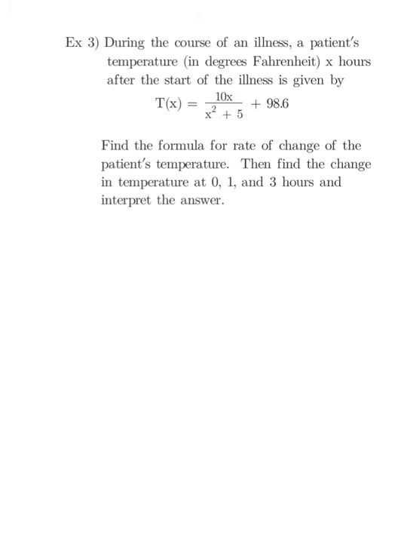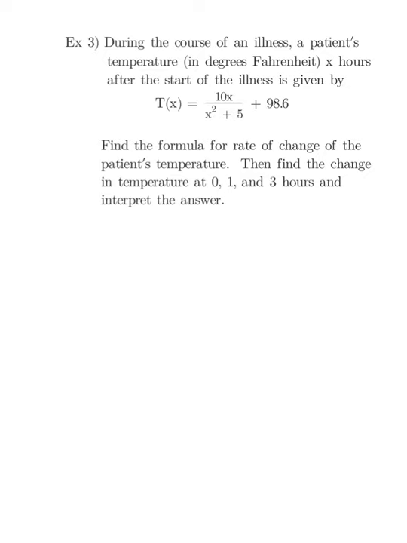Our first application example says: during the course of an illness, a patient's temperature in degrees Fahrenheit, x hours after the start of the illness, is given by T of x equals 10x over x squared plus 5, plus 98.6. Find the formula for rate of change of the patient's temperature.